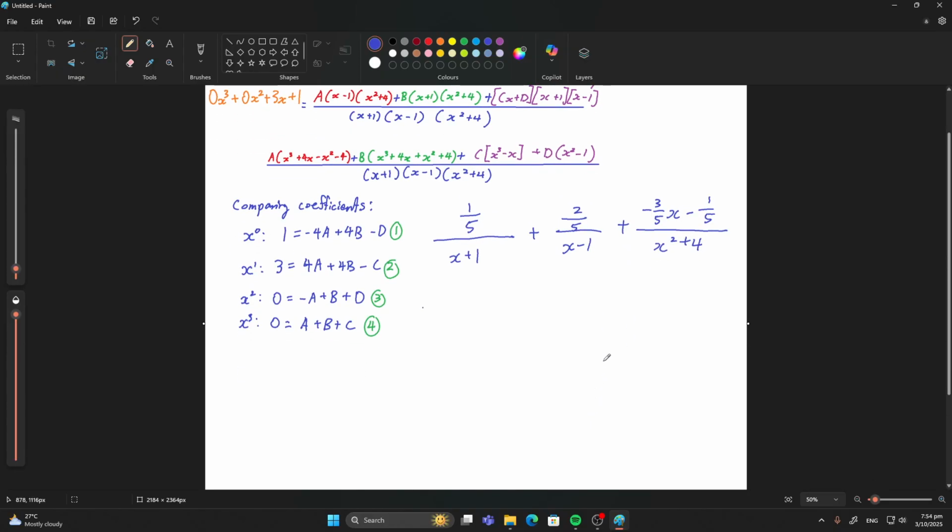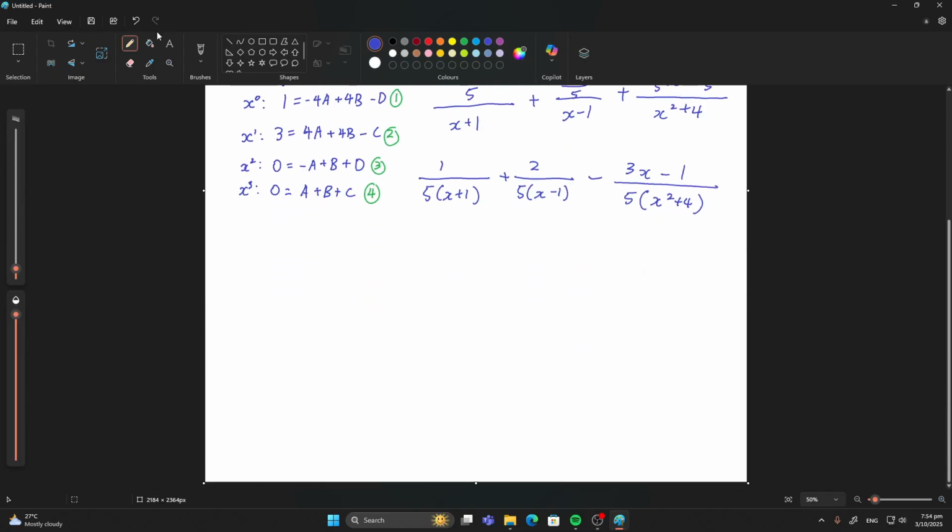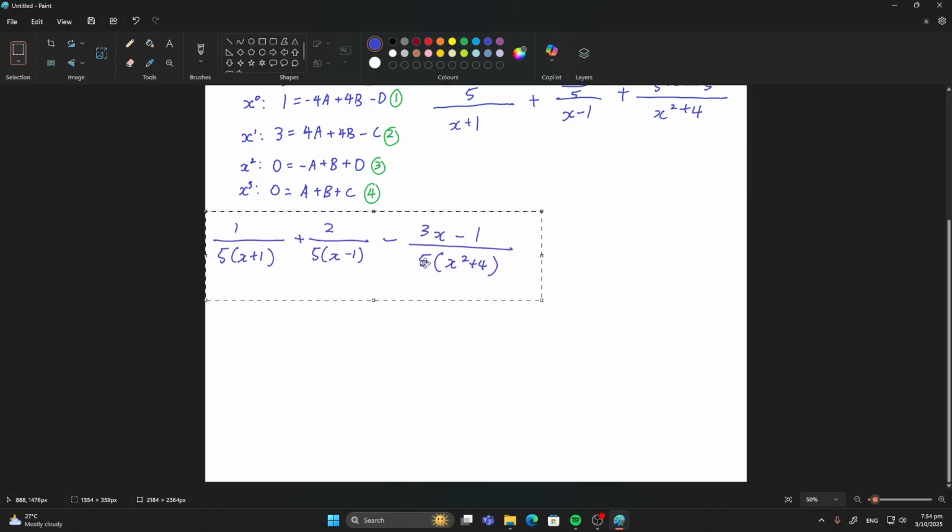Simplify this, I get 1 over 5 x plus 1 plus 2 over 5 x minus 1 minus 3, because 5 is the common denominator, so I can bring the 5 down. So in this case, it would be 3x minus 1. So this is the equation that I will be working with for my integration.